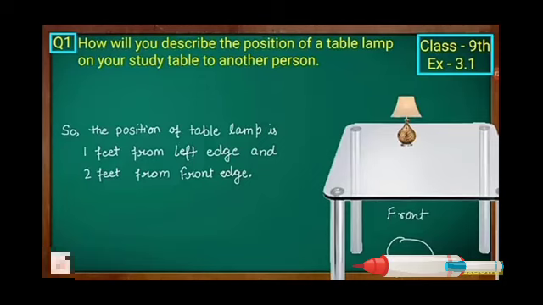Suppose there is a chair at the front side. So the distance from the front side is 2 feet, because it's given here, and this is the left side, 1 foot.